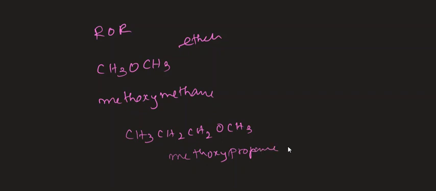Okay. Right. And you cannot call it propoxymethane because you should give weightage to what? The smaller number of carbon atoms for the prefix. And according to IUPAC nomenclature, the parent hydrocarbon should have the long chain, that is the higher membered hydrocarbon. So the skeleton should have a lengthy carbon chain.